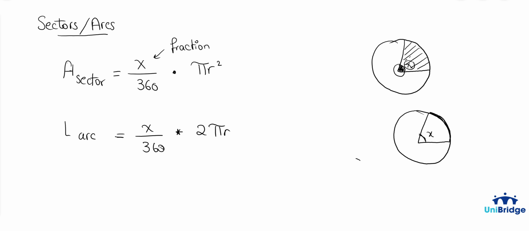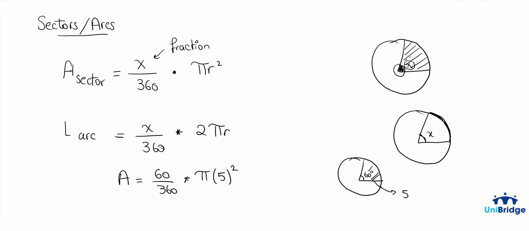So let's take an example of this. If you have a circle where this angle is 60 degrees and the radius is, let's say, 5, what is the area of this part? The area is going to be 60 divided by 360, the fraction, multiplied by the total area of the circle, which is pi multiplied by 5 squared.